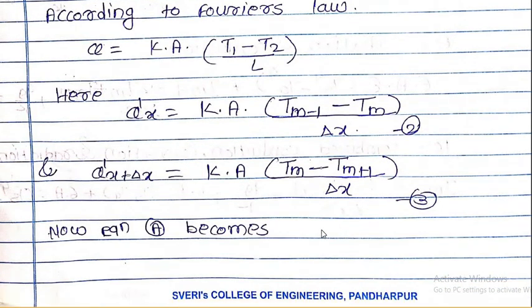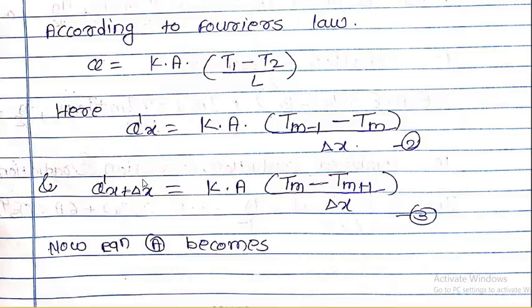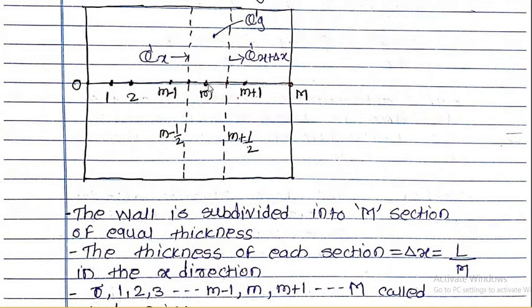Next we have to consider q dash x plus delta x, the heat given by this element to the next element. This section is giving heat to another section, so the initial temperature is considered for node point M, and the next temperature for node point M plus 1.